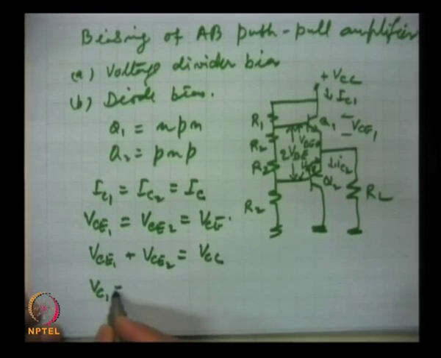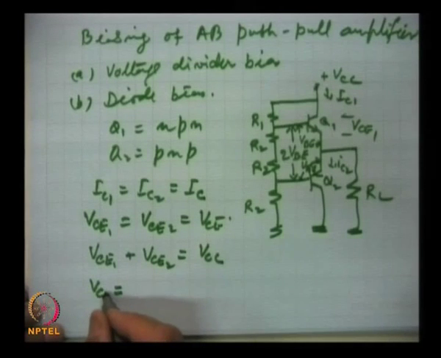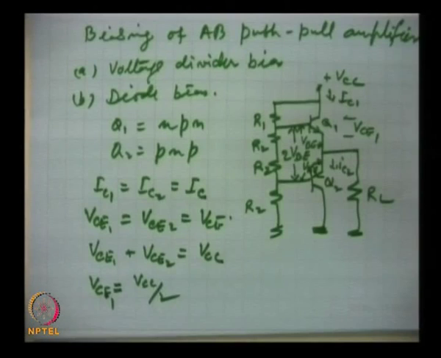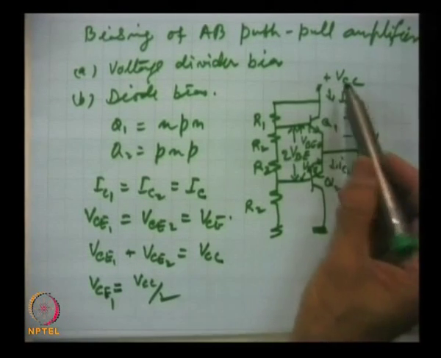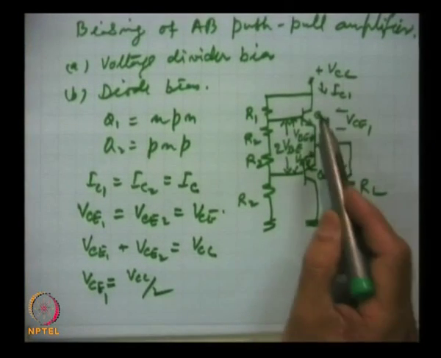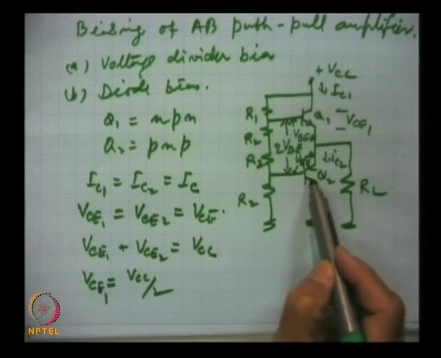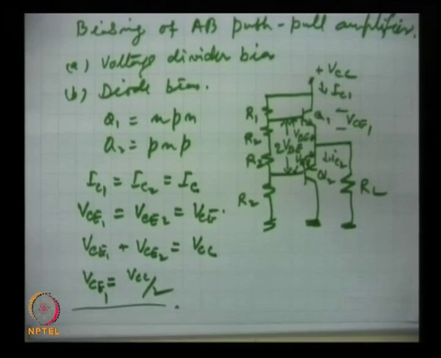And hence VCE1 alone is VCC by 2. If VCC is 10 volts, 5 volts will be dropped here, 5 volts will be dropped here, that is what this is showing.